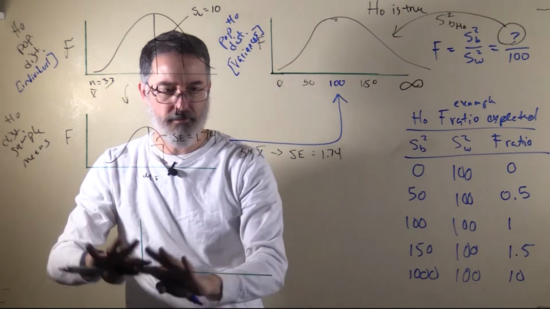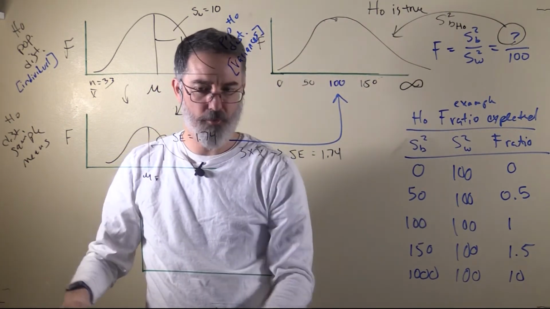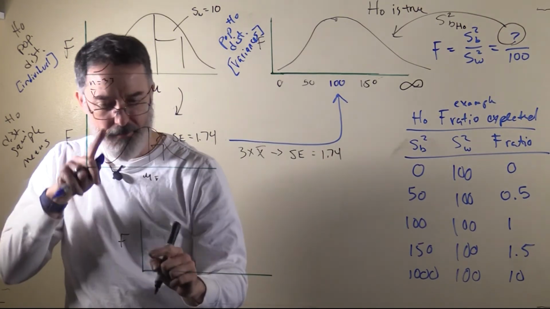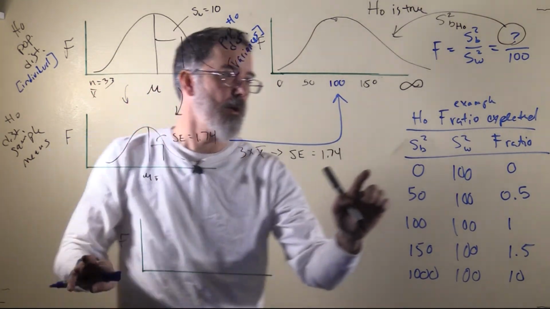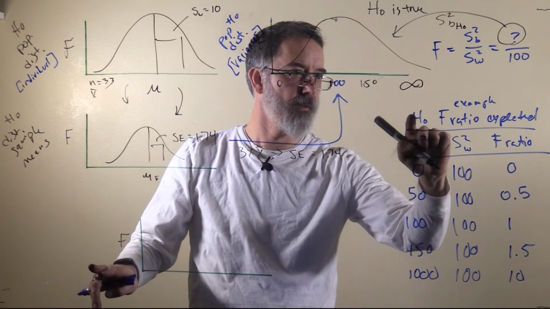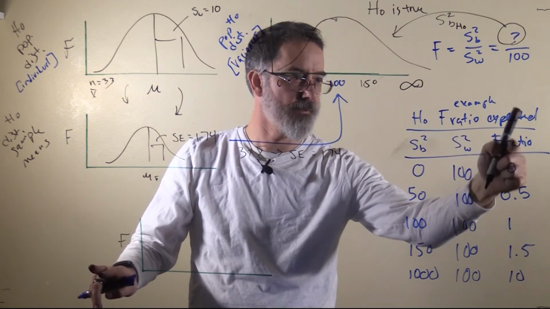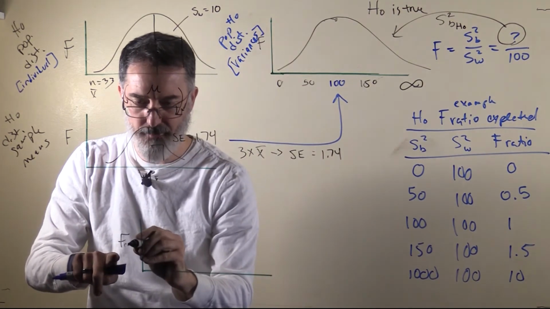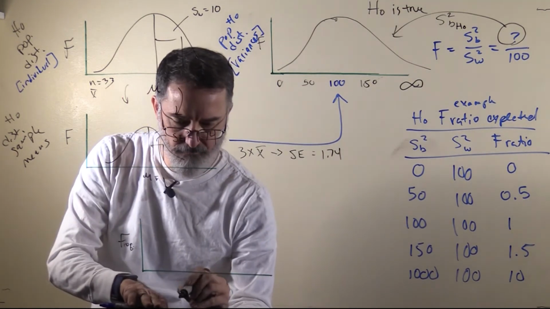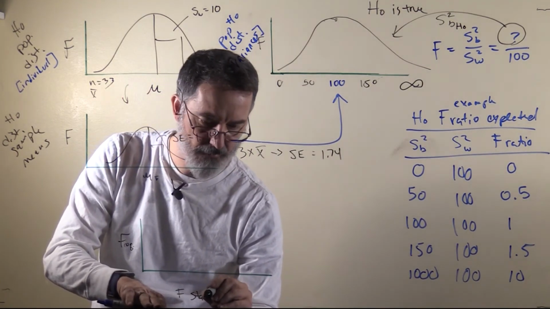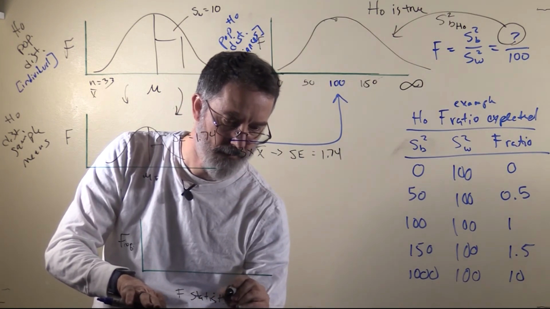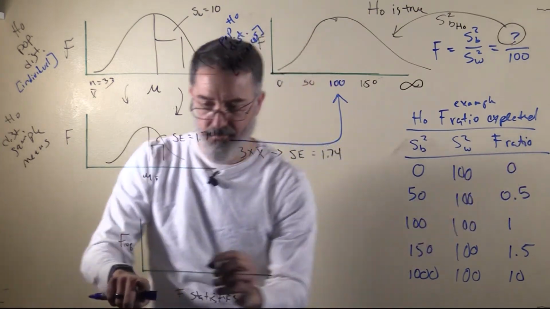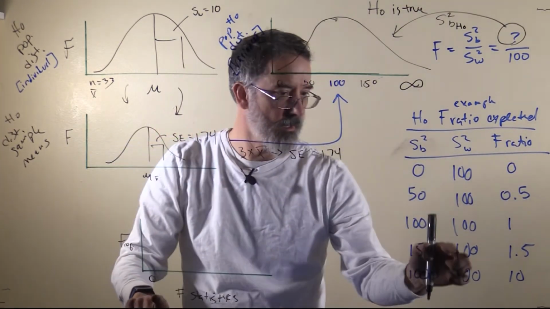Okay, so I've cleaned up the space a little bit just because I needed more room. And I've put new axes in here. And this distribution is going to be a distribution of expected F ratios. It's going to be F ratios here. So it's a frequency distribution of F statistics, or equivalently F ratios, right? So the bottom is going to be 0.